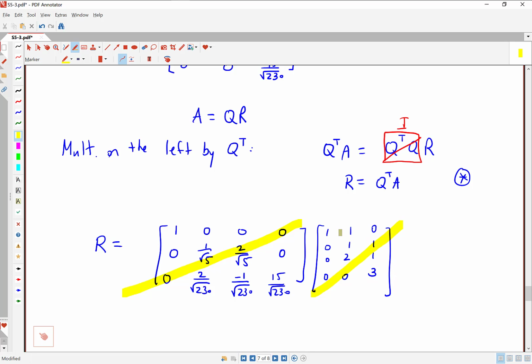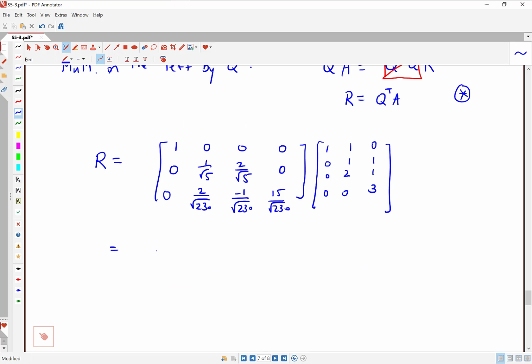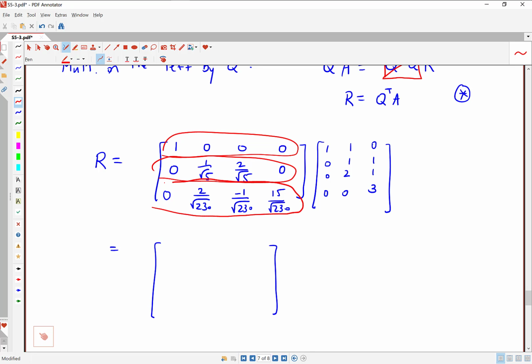We'll multiply these out in the usual way, and that will give us our matrix R. So what we're going to have is a 3 by 3 matrix. Let's imagine circling the rows of our first matrix to do our matrix multiplication. As we dot our first row with the various columns, we're going to have 1, 1, 0.